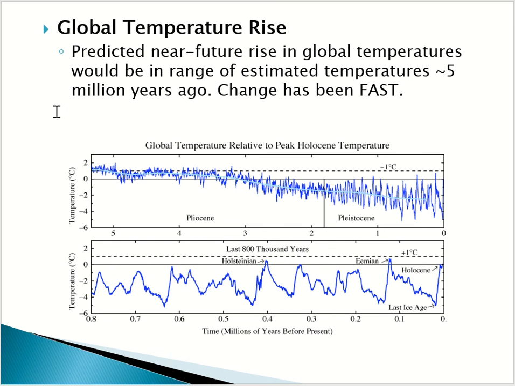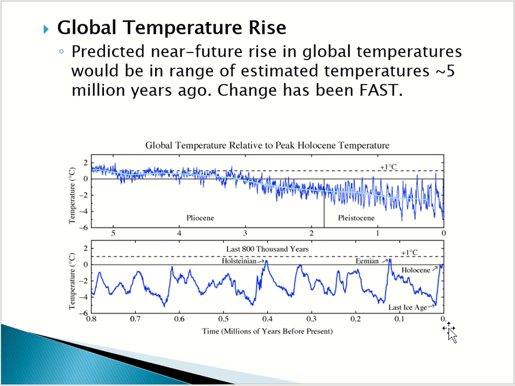I had this slide showing global temperature rise in the context of the recent geological past, so long ago. These two charts both show distance in time measured as millions of years and temperature change. The top shows from 0 years ago, essentially now, back to about 5.5 million years ago.